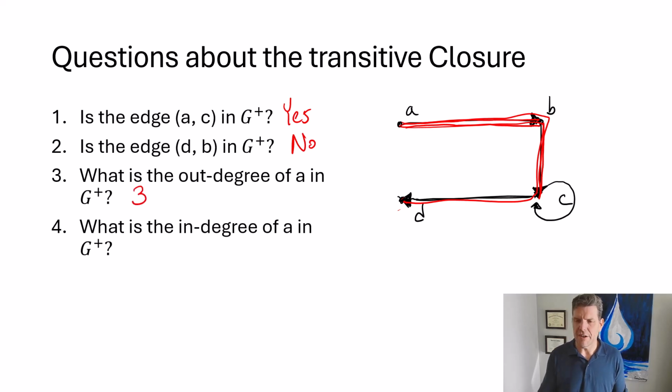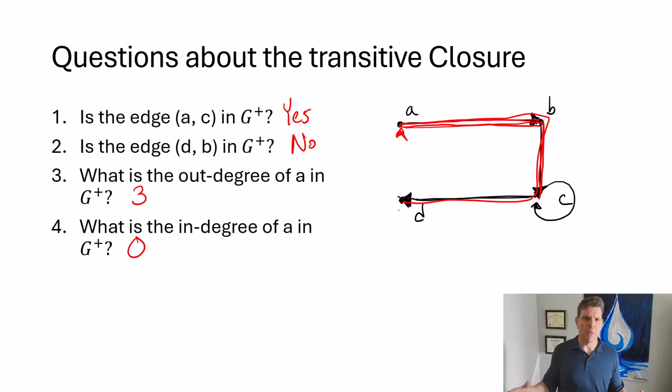Notice we cannot get the self loop at A, because there's no way to go backwards. There's no way to go from, say, D to C or C to B or B to A, or any way to get back into A. There's no in degree to A. So what is the in degree of A in G+? It's 0, because there's nothing going into A.